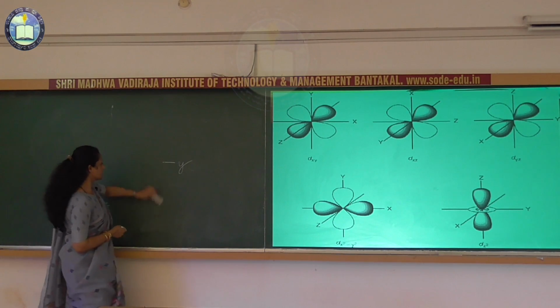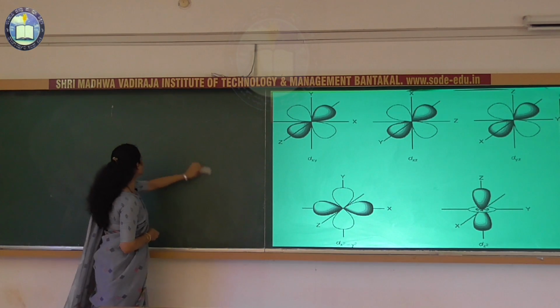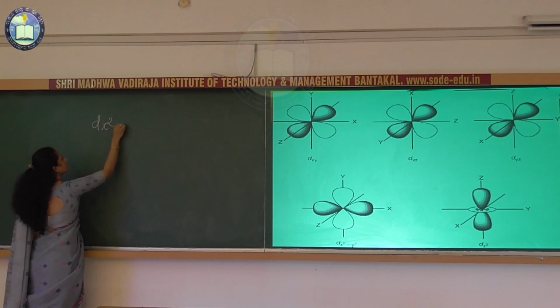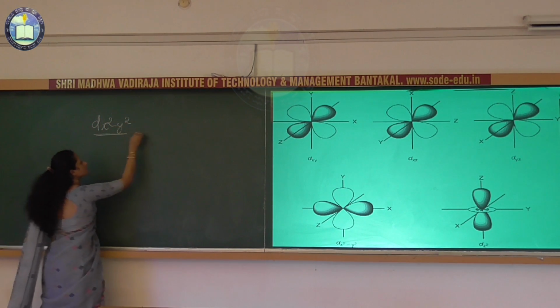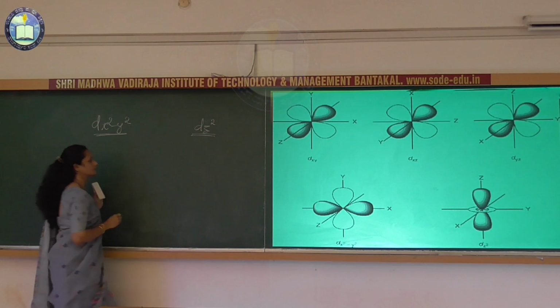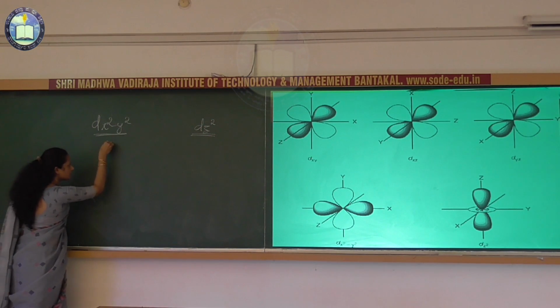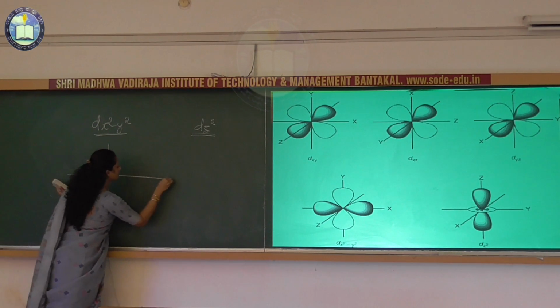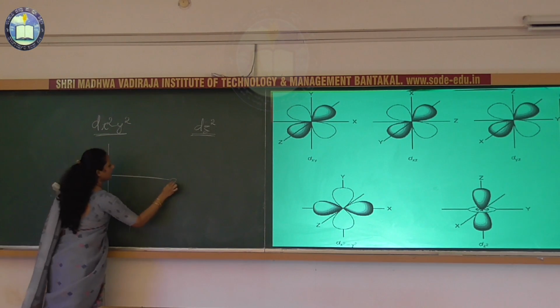Show dx square minus y square and dz square. For dx square minus y square, you take first only two axes, x and y axis.